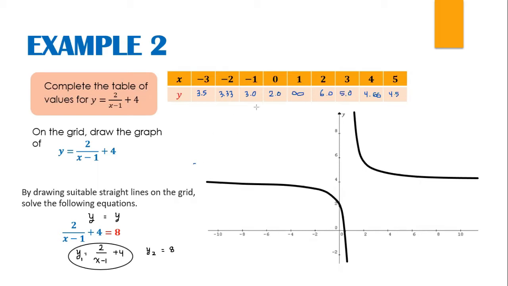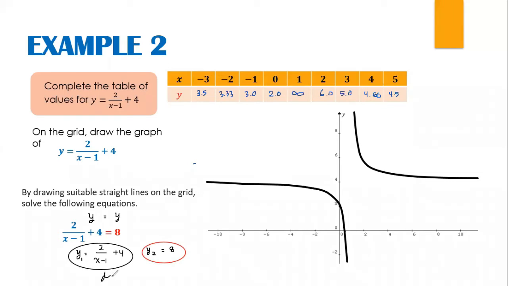Okay, we have two functions, right? Now we're going to plot. Now our job is to draw the suitable straight lines on the grid. For y equals 2 over x minus 1 plus 4, it is already done on the grid.